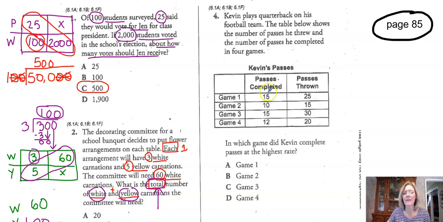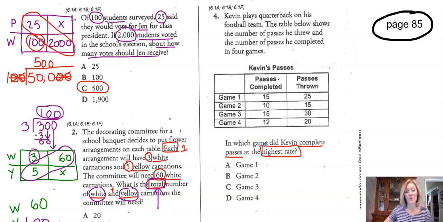Like in this game, he completed 15 out of 25, 10 out of 15, 15 out of 30, 12 out of 20. But our question asks this: in which game did Kevin complete passes at the highest rate?